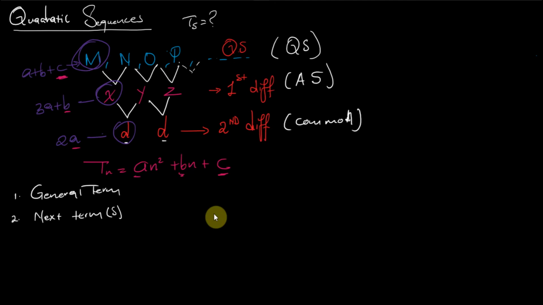For t5, what you notice is that since we assumed that n minus m was equal to x, and then o minus n was equal to y, this means that n is equal to m plus x.